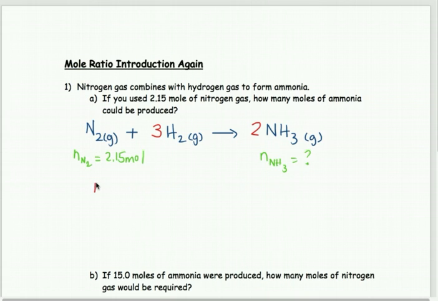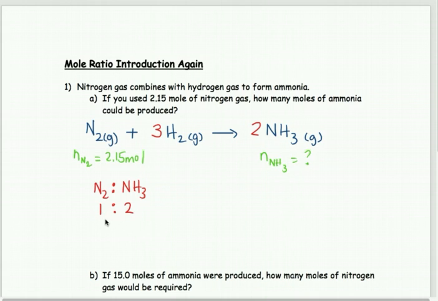If I look at nitrogen to ammonia, how much of this do you need to dump in to make how much of that? It is a 1-to-2 ratio. So for every 1 molecule of nitrogen that I throw in, I will get 2 molecules of ammonia forming here. All right, so it's a 1-to-2 ratio.